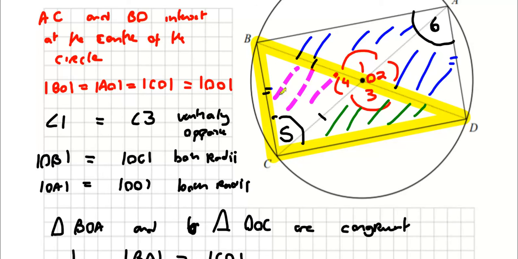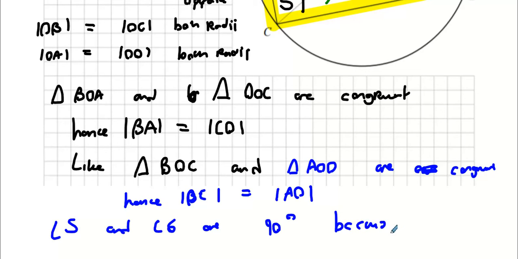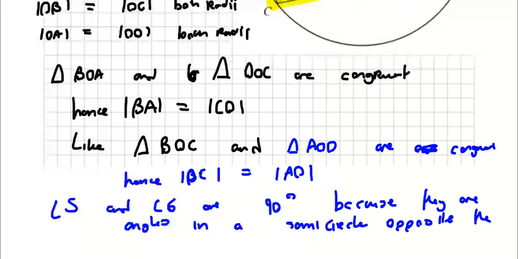So we can say angle 5 and angle 6 are 90 degrees because they are angles in a semicircle. I'd say opposite the diameter just to really spell that home.